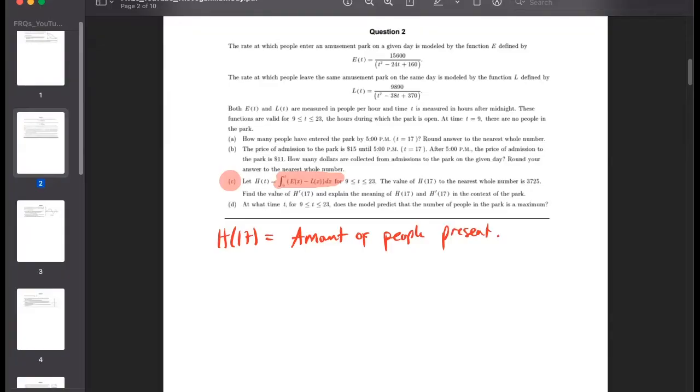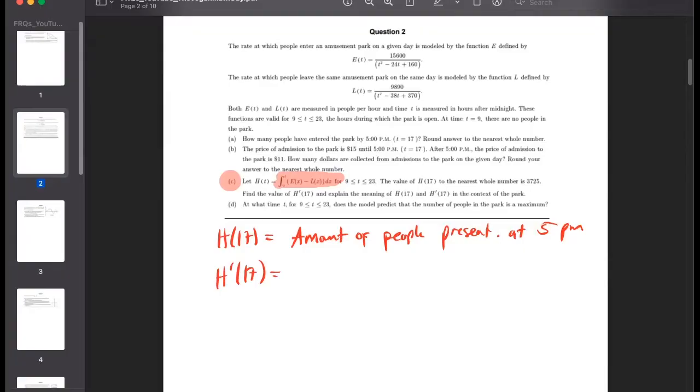The second part in part C is they want you to interpret H prime of 17. Well, H represents the amount of people present. And in this case, H of 17 is the amount of people present at time equals 5, or at 5 p.m. So H prime is going to represent the rate of the amount of people that we have at the park.